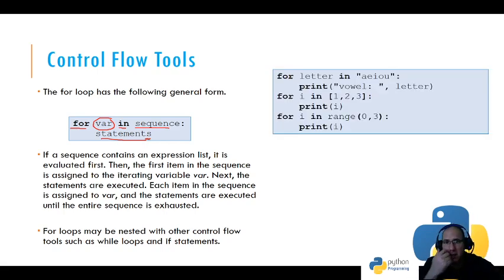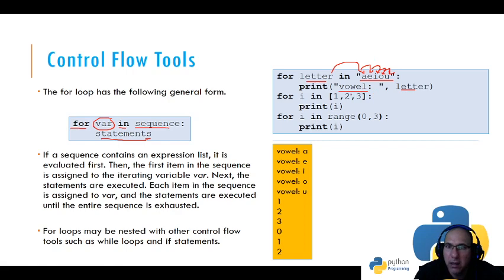So for example, if you have a string like this in here, let's say for letter, so letter first will become A, then will become E, then will become I, then will become O, and finally will become U, and for each one of them it will print vowel letter in one line.